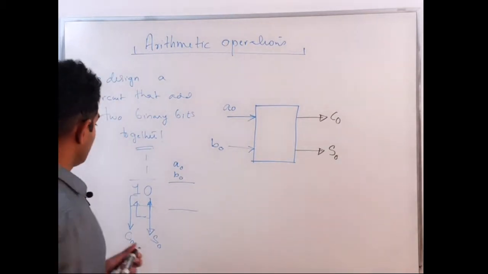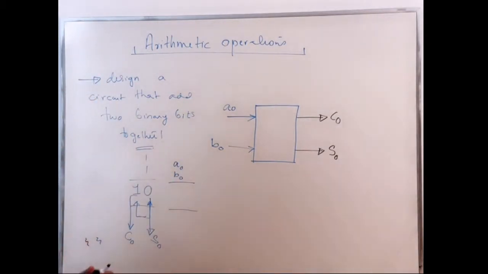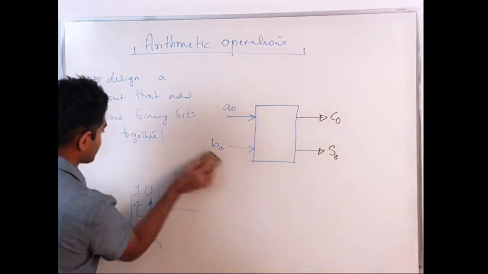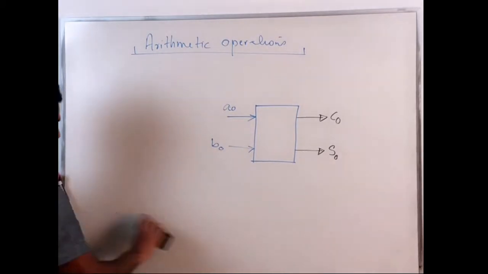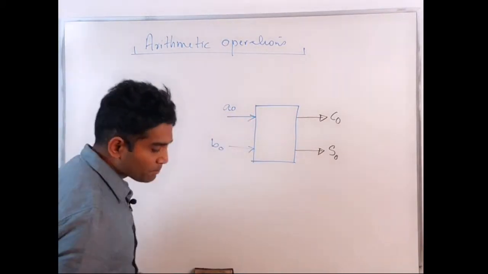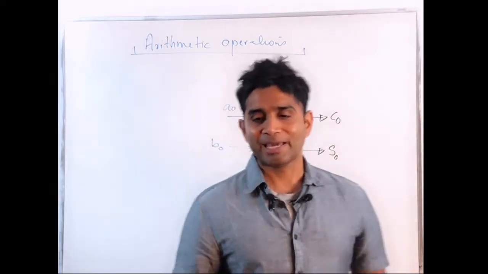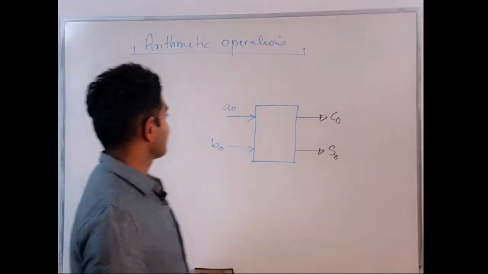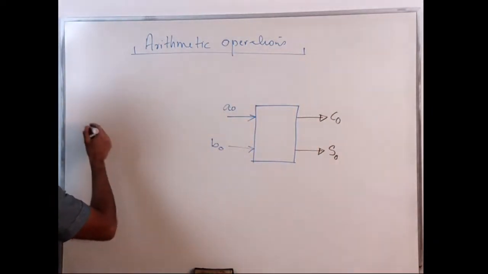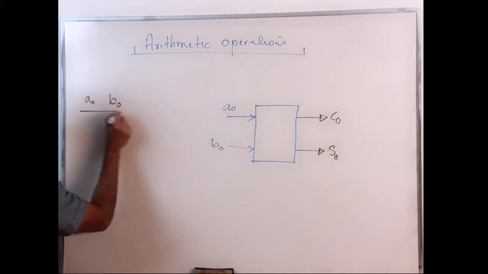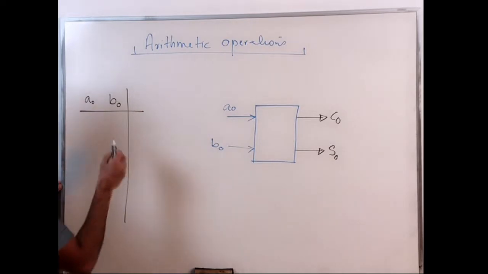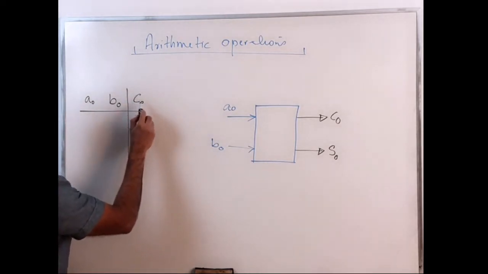Let's put that information down in the form of a truth table. Because these are just two inputs, you won't even need a K-map for that. I can get it directly from the truth table. So my inputs are A0, B0, and my outputs are C0 and S0.